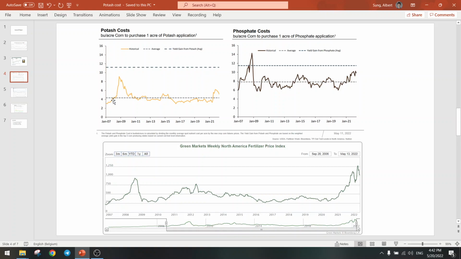As long as food prices rise, the potash price will rise. That's how I see it. So I don't expect this to be the peak. Actually, this peak here is cheaper than this peak. So the cost of this potash is cheaper than the cost of this potash, and you can see that here. This is lower than this peak.